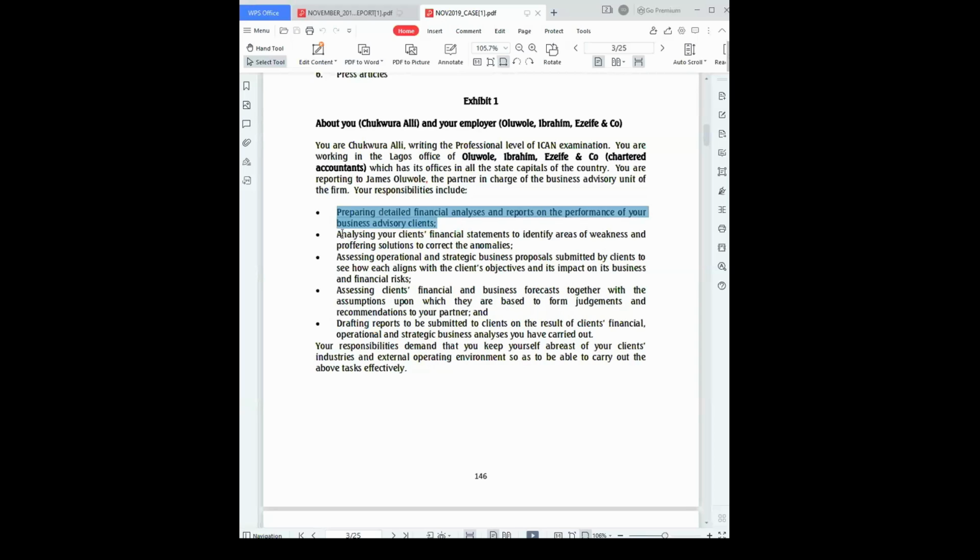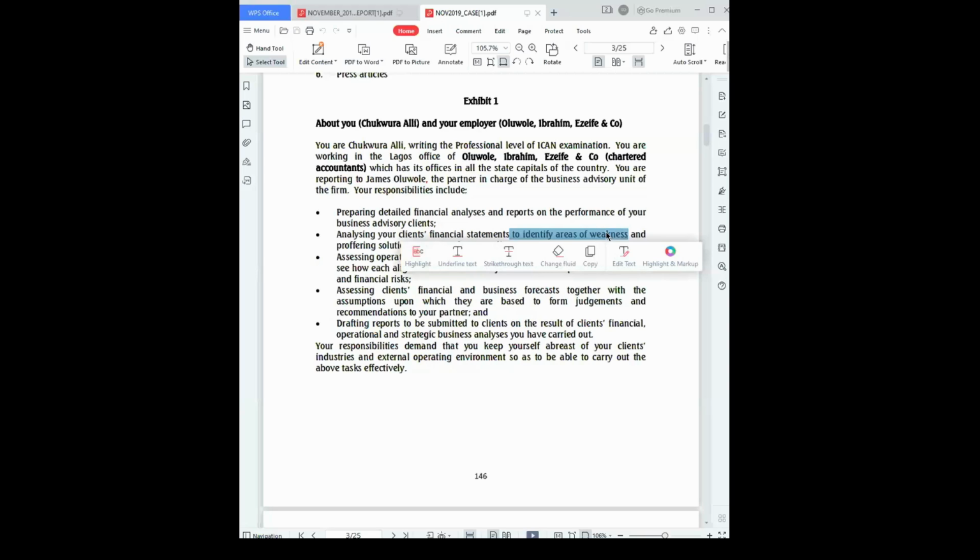They went ahead to say that in this analysis you will focus on performance, right? But while focusing on performance, your job is to identify areas of weakness. What are those areas of weakness? I know many of you, your mind will be going to SWOT analysis.